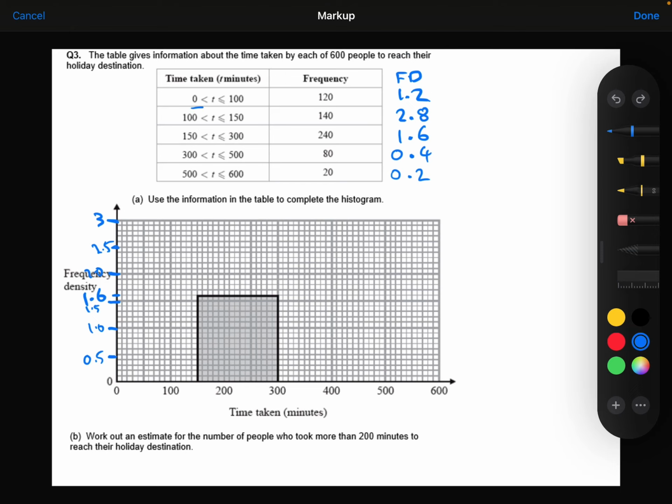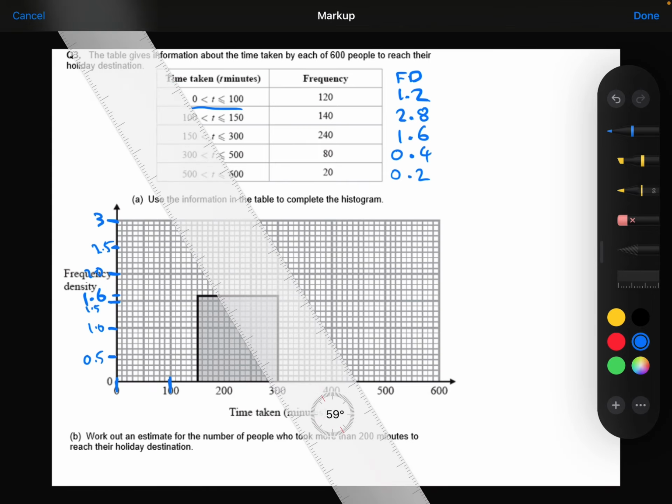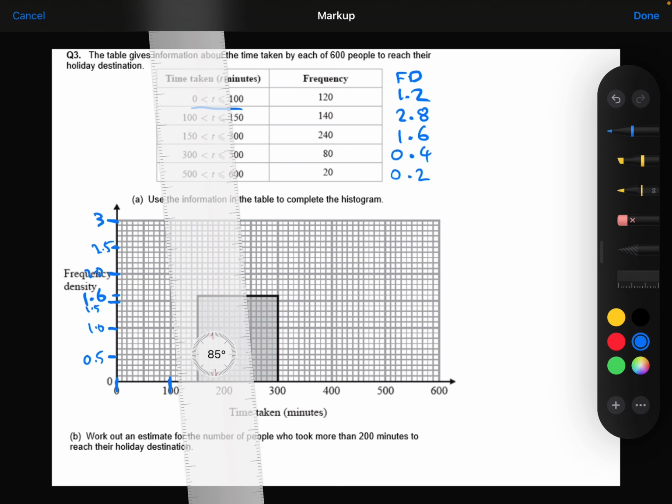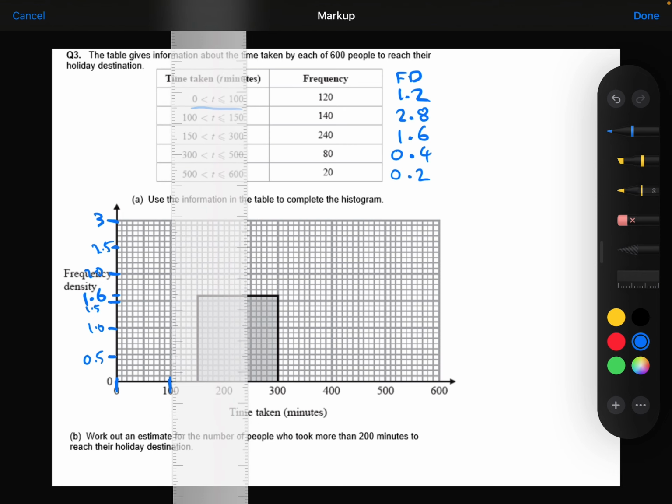So between 0 and 100, the frequency density is 1.2. So let's get our ruler. And we want to get to 1.2 on our frequency density. So that's 1, 1.1, 1.2 is there.